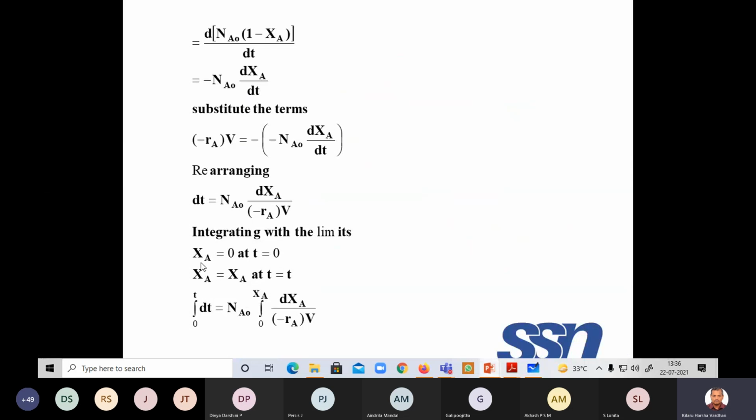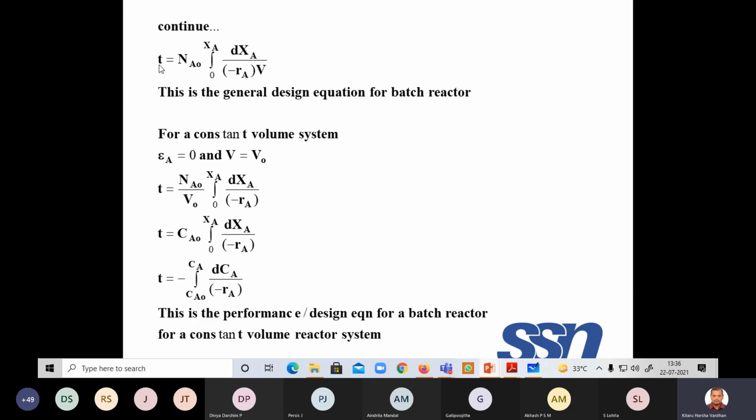Now see here, xa is 0 at time 0, and xa is xa at time t equal to t. So integral 0 to t, Na naught, integral 0 to xa, dxa by minus Ra into V. Since V is constant, I am taking it outside the integral. That is, t is equal to Na naught times this.